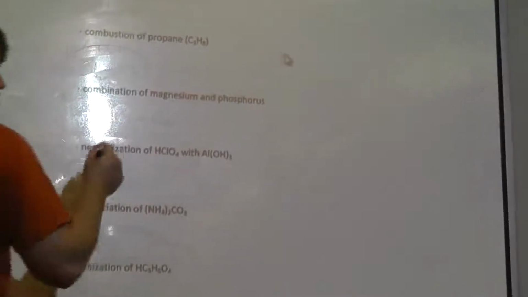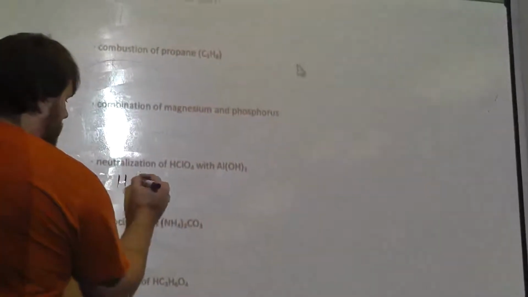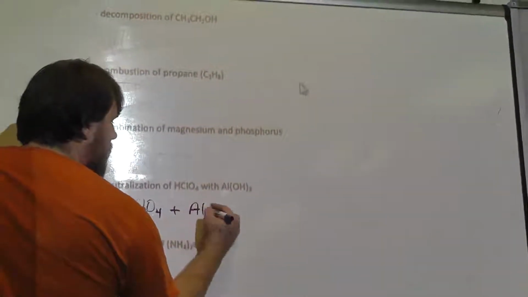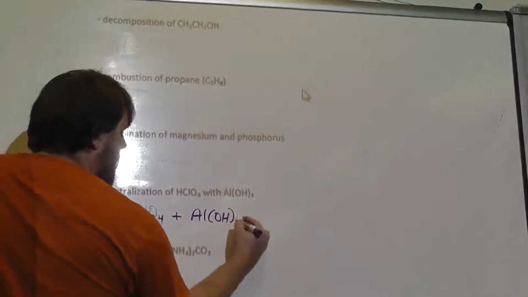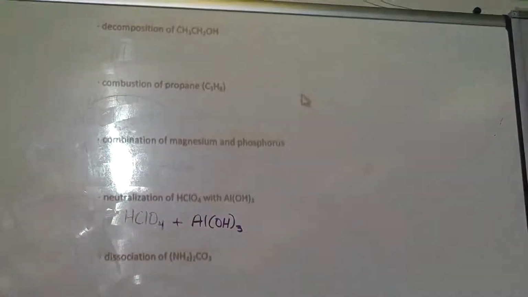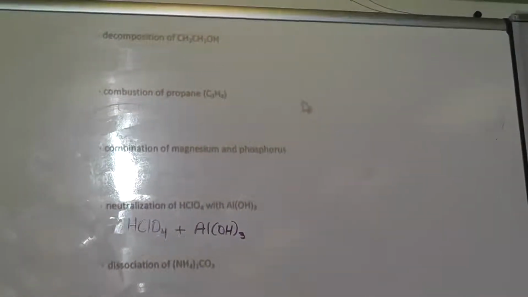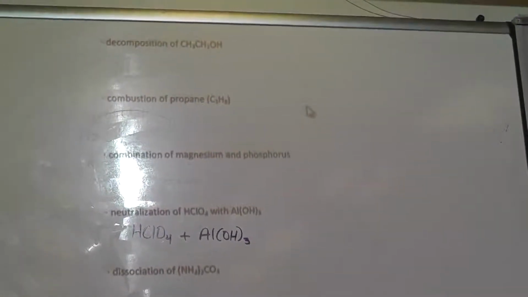So in a neutralization, you have to have an acid and you have to have a base. Now, it doesn't matter what order they're written in. What does matter is the arrow. You will have a one-way arrow if at least one of them is strong. So do you have a strong acid or a strong base?